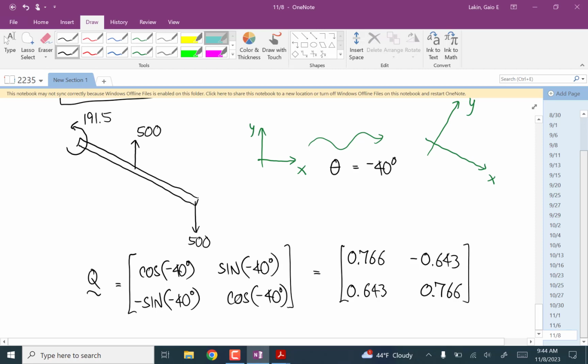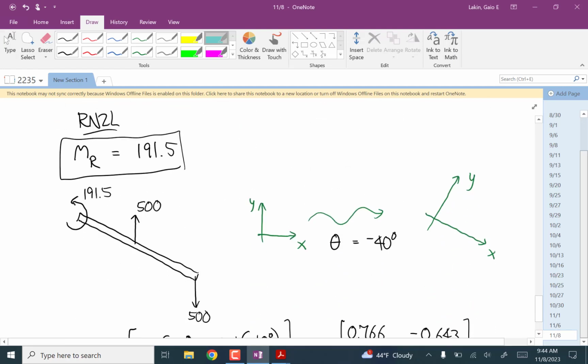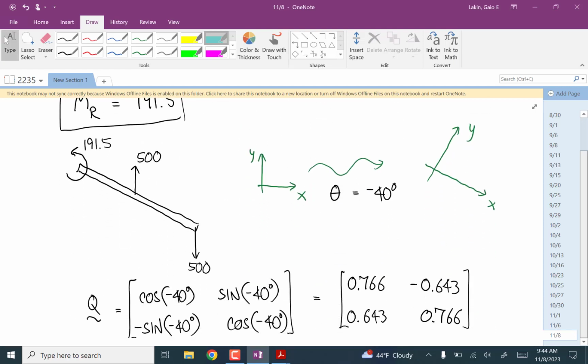Okay, I want to tell you the easiest pitfall, the easiest mistake to make. So remind yourself every time not to do this. We're used to looking at this body horizontally for internal loads, right? So it's really easy to think that what you're doing is rotating this body to make it horizontal. But to rotate this body and make it horizontal would take an angle of positive 40 degrees, right?